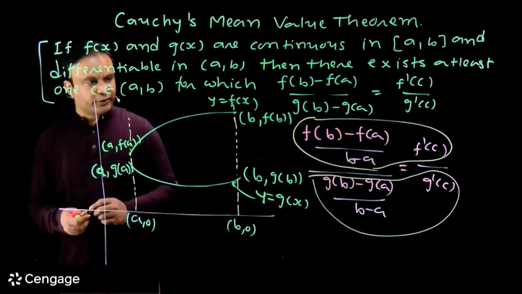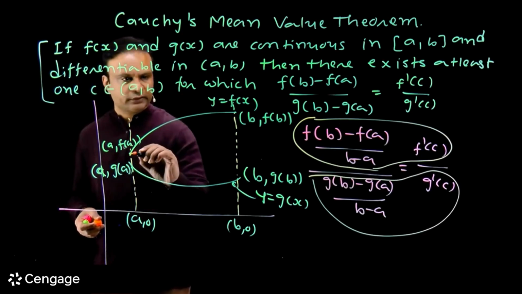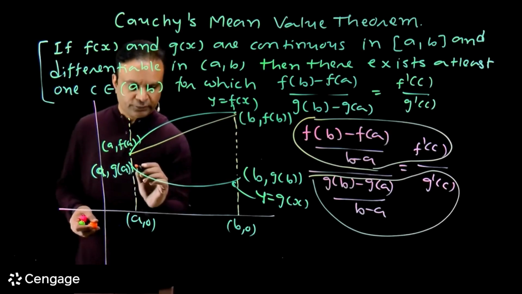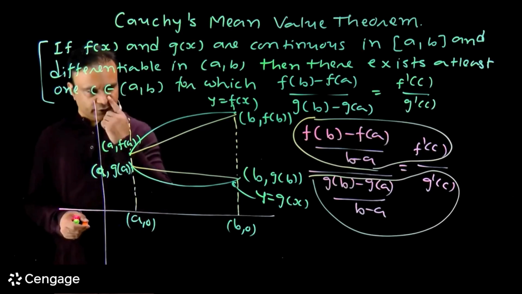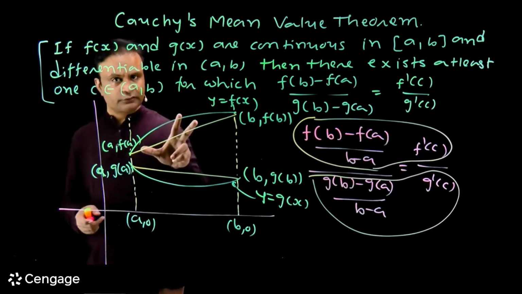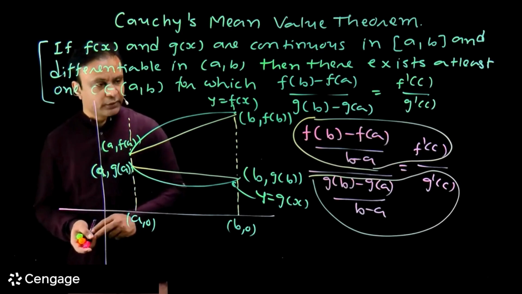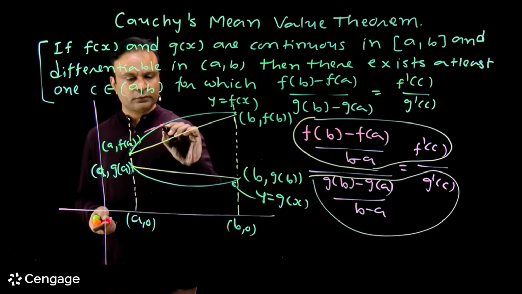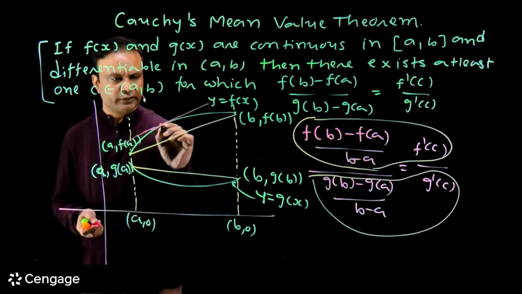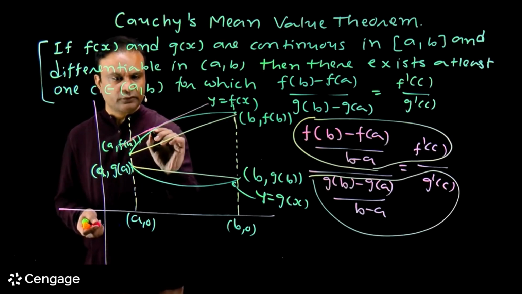Now for mean value theorem, what we do? We join these 2 points here and we join these 2 points on the graph of function y is equal to g(x). Now on the graph, we consider a point where the tangent is parallel to AB. So we have this point on the graph of y is equal to f(x).